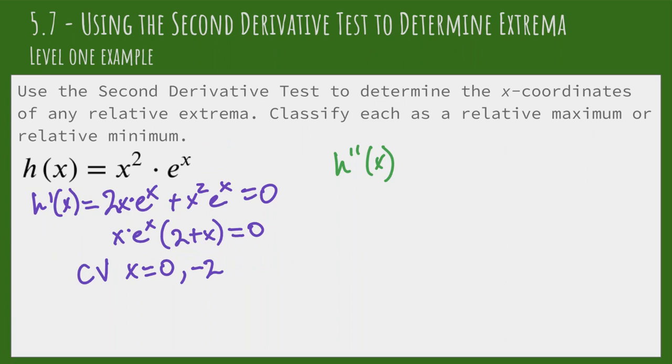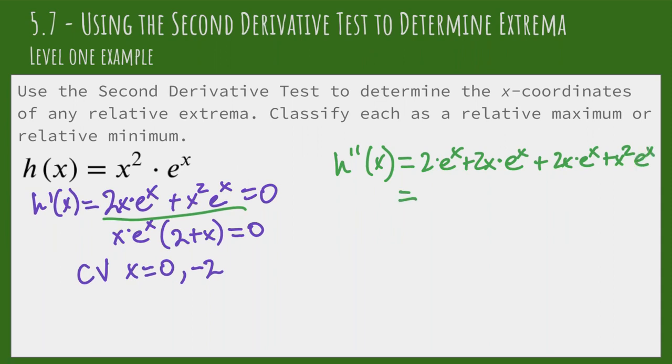So anyway, product rule on the 2x times e to the x. So derivative of the first times the second plus the first times the derivative of the second. And then product rule on the second term, we have derivative of the first times the second plus the first times the derivative of the second.